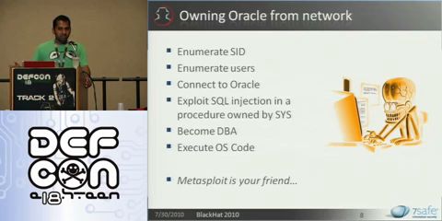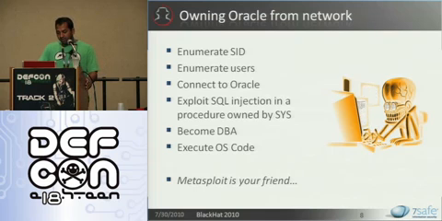You first enumerate the SID, which is the database name. You then enumerate some common users, Scott, Tiger, sys, change_on_install, some weak passwords. Once you have done those two steps, then you connect to the Oracle database. So you will be connecting with some unprivileged user, hopefully.